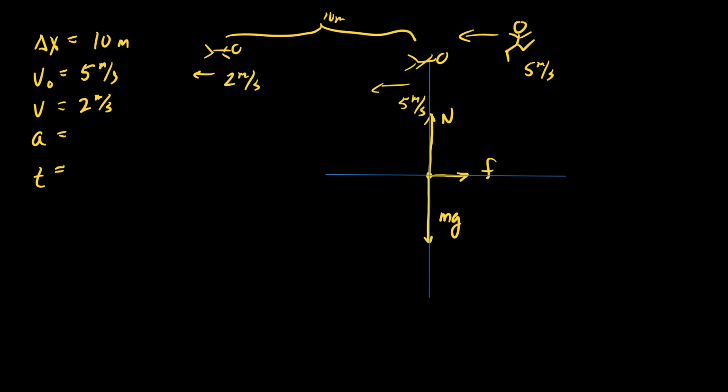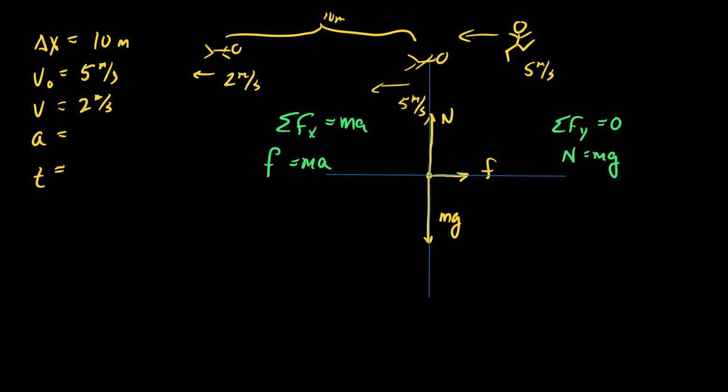So net force in the y direction will equal 0, so normal equals weight. And net force in the x direction will equal ma, so friction equals ma. All good? Any questions yet?